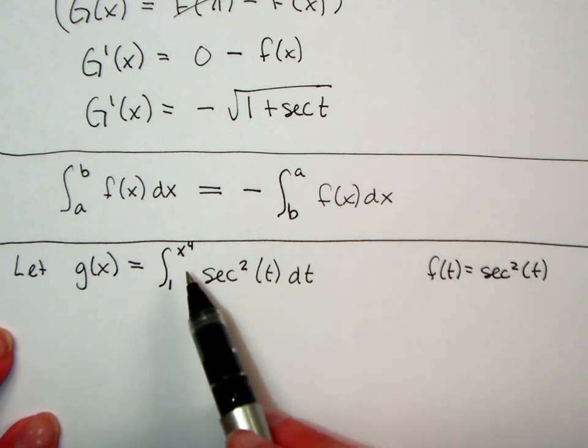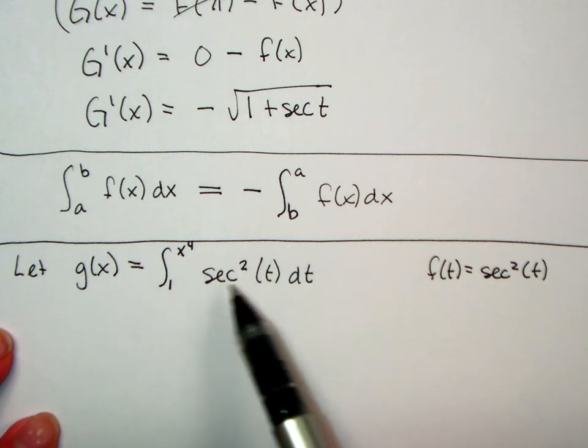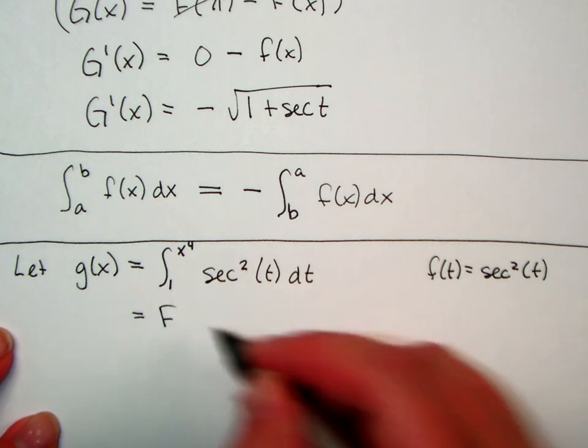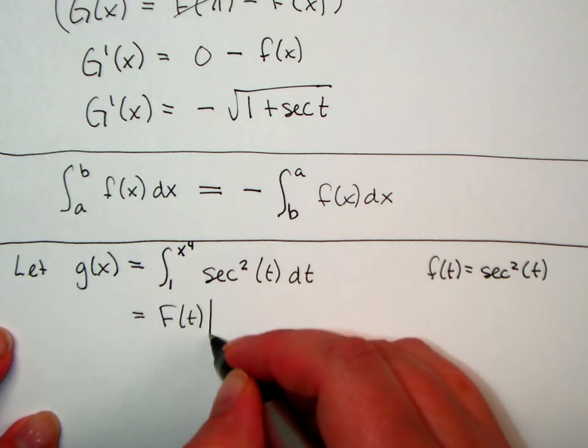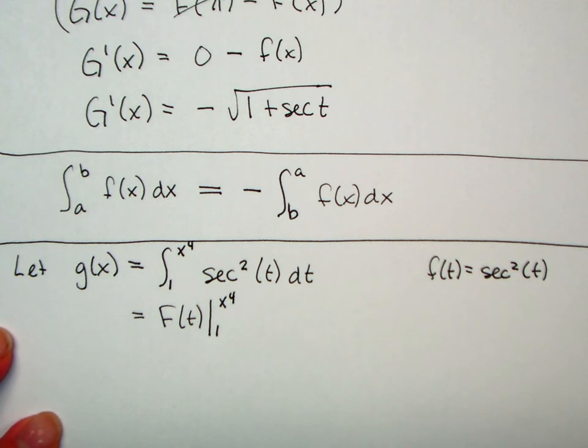So what I would like to do, though, is to use the same method, okay? Without actually finding what the antiderivative is, let's just call it capital F. So this is going to equal the antiderivative evaluated from 1 to x to the 4th now, right?